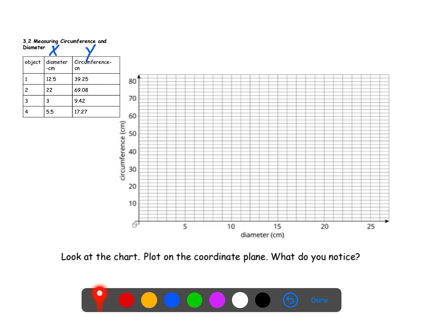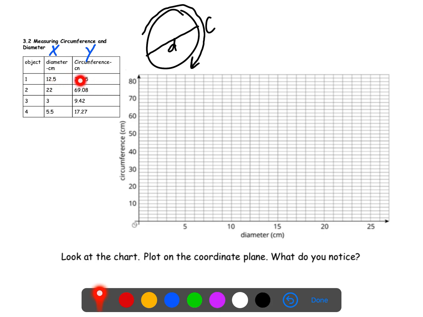But imagine that this first object had the diameter measured. And remember, let's draw a quick reference here. If this is our circle, the diameter is going through the center point from edge to edge, from side to side of the circle. And then the circumference is the wrapped measurement around the entire circle.